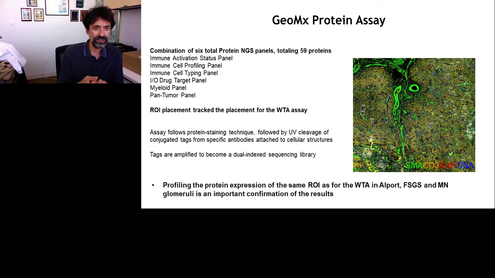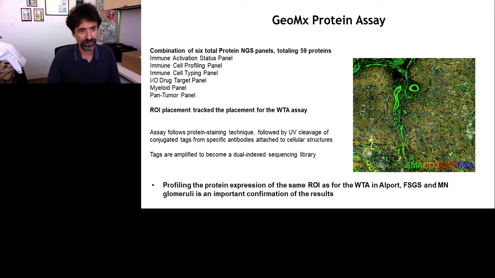But the other idea was also to better define the single structures in the kidney based on the expression markers that could allow us to identify smaller regions of interest to test their profile within these regions.